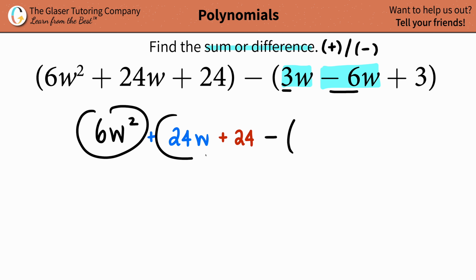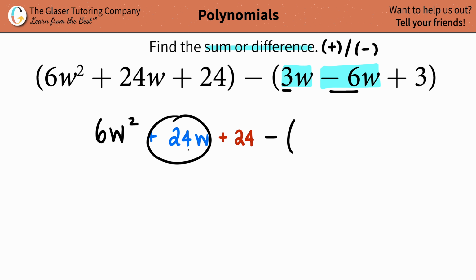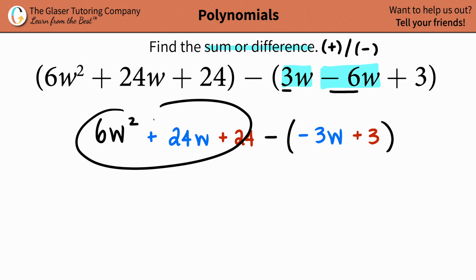Given what colors we already gave, can you tell me what color this one should be when we write the negative 3w? Yeah, it should be blue, because w's only go with w's, not w squareds. So this would be negative 3w. And now let's look at the last one, plus 3. Can't really do anything with that, so we'll do plus 3. Close those parentheses up.